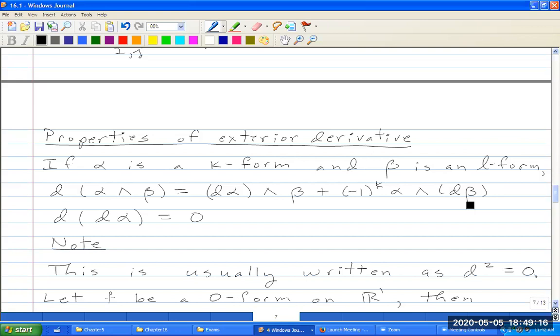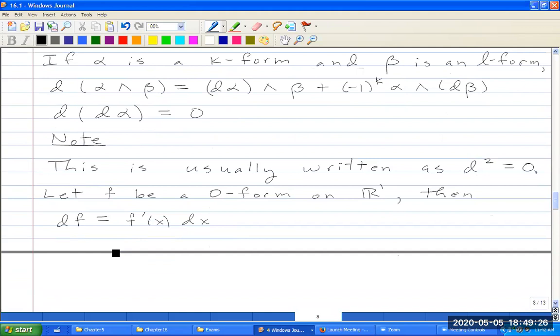Next, the exterior derivative of the exterior derivative of alpha is just 0. We usually denote this fact as d squared equals 0. A lot of times I might write that, or you'll see that written.